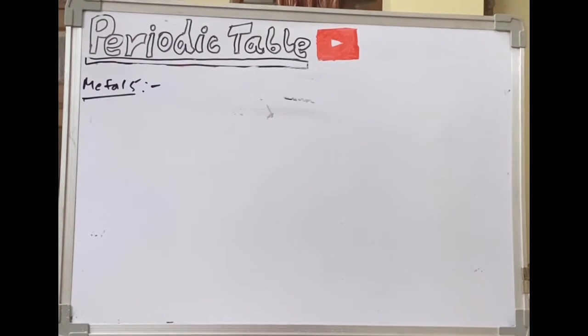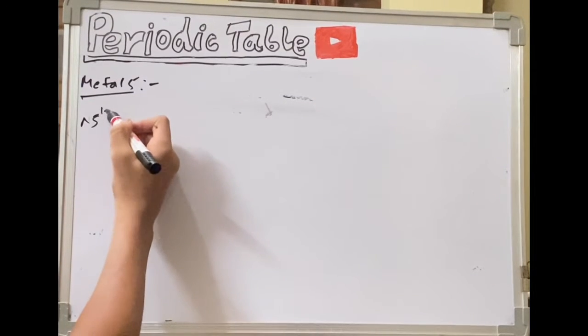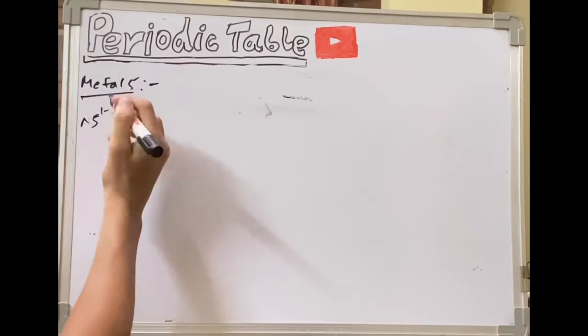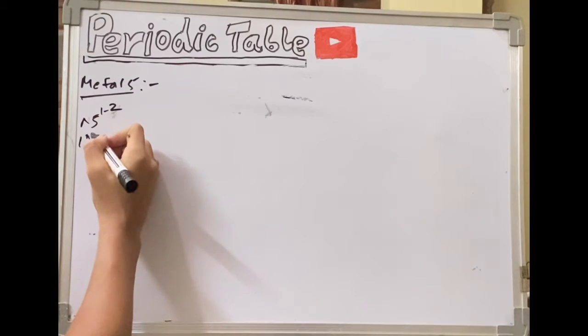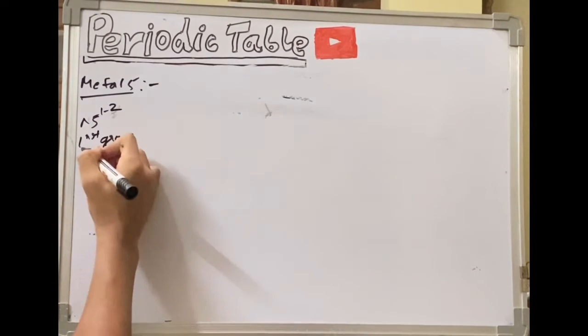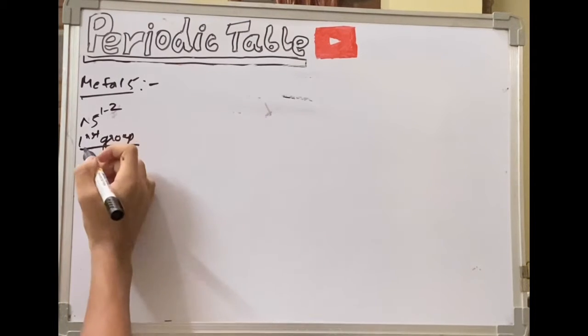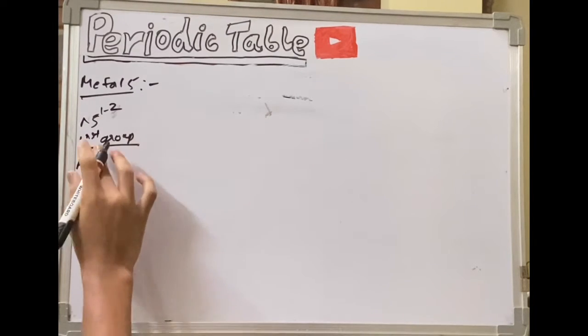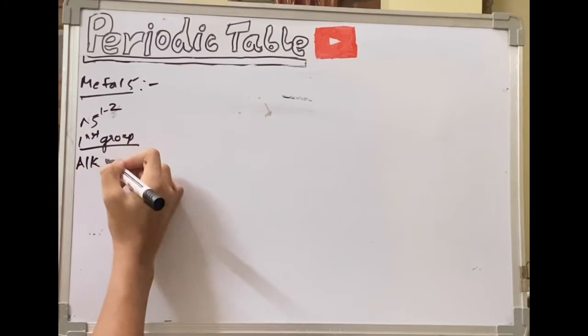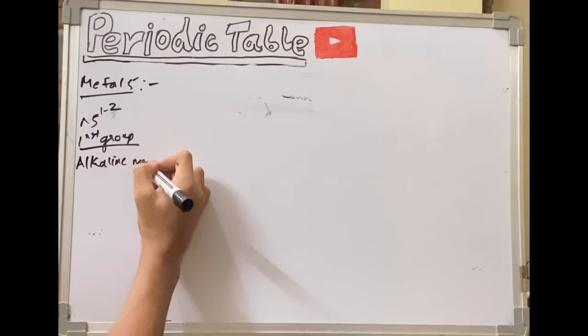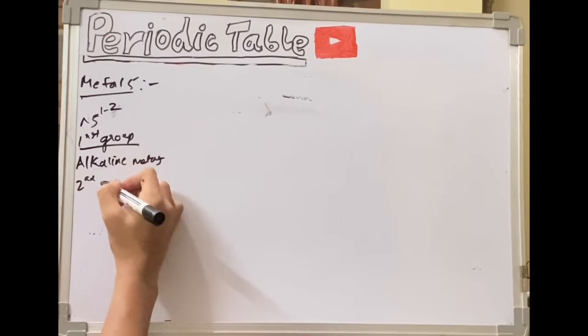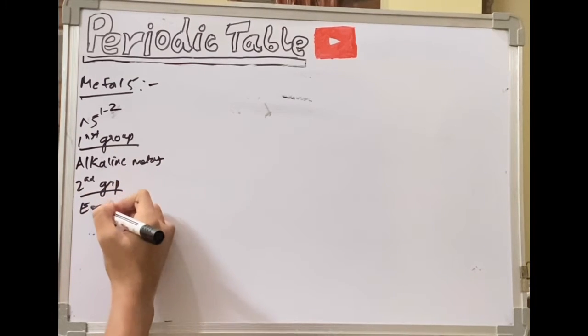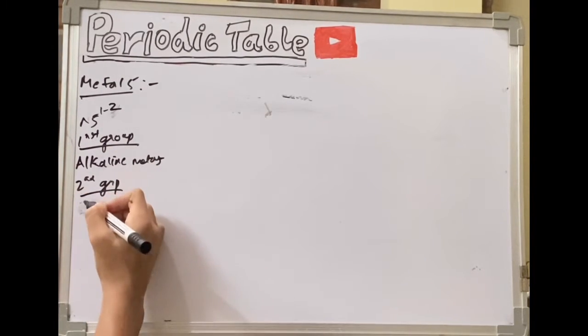They have their electronic configuration as s1 or s2, ranging from 1 to 2. The first group elements are known as alkali metals, and the second group are known as alkaline earth metals.